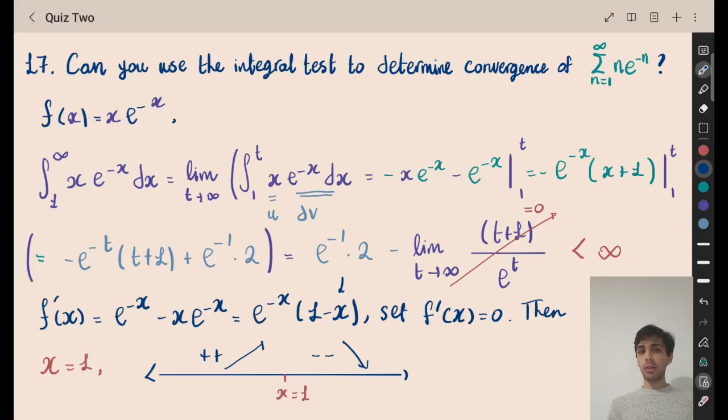And let's say you don't like this argument, or you don't want to argue for it anyway. What you can do is take a look at the function itself. This is a linear term, so x to the power of 1, multiplied by e to the minus x. And we know that e to the x grows faster than any polynomial. If you talk about e to the minus x, you're dividing by it.